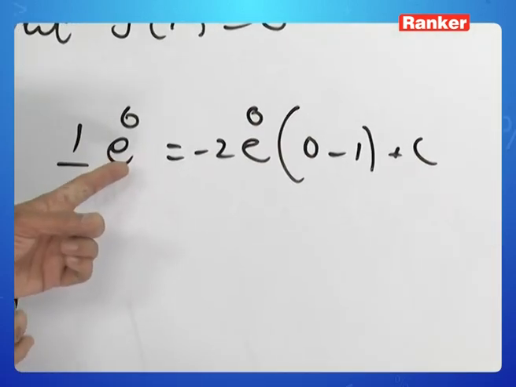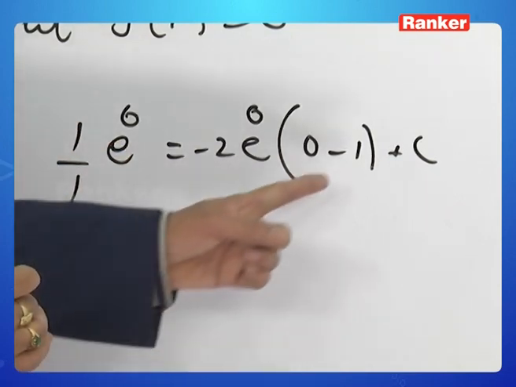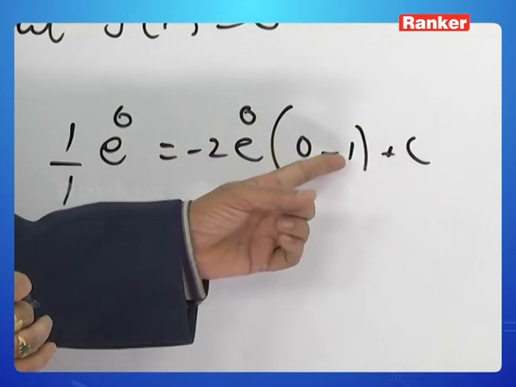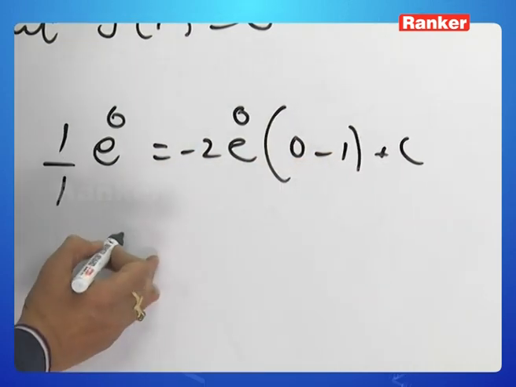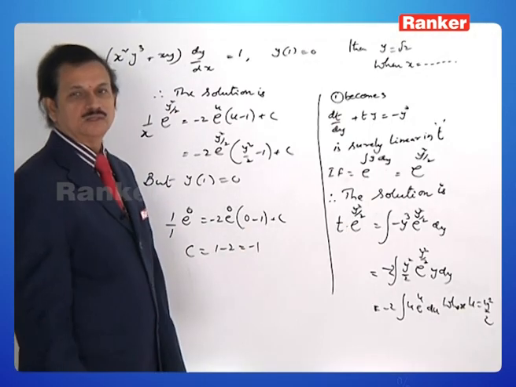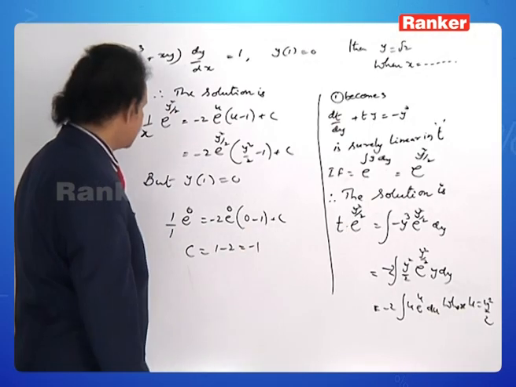What is e power 0? 1. 1 by 1 is 1. This is minus 1. E power 0 is 1. Minus 2 into minus 1 is plus 2. Therefore, c is equal to 1 minus 2 is equal to minus 1. Am I right? What is c?